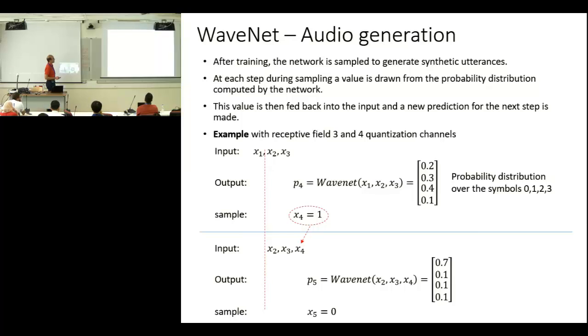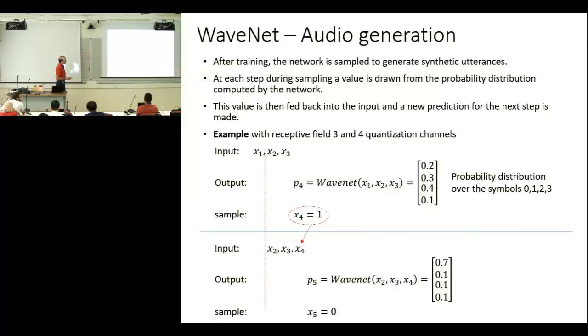Initially the input is randomly initialized, or we just set all of them to silence, which means 0, or the mean value of 256, which is 128. So we put this as the input to WaveNet, which produces P4.